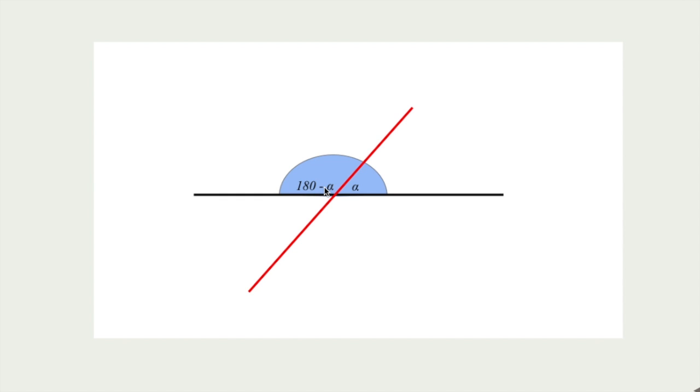Similarly, if you take the red line as a baseline and the black line as the intersecting line, then if this is alpha, the other one must again be 180 degrees minus alpha.